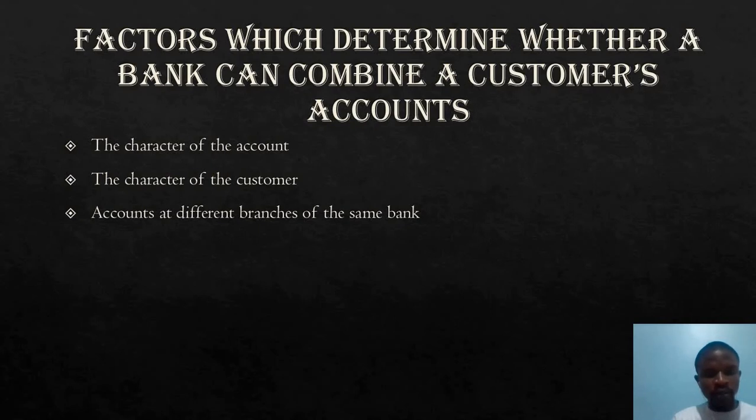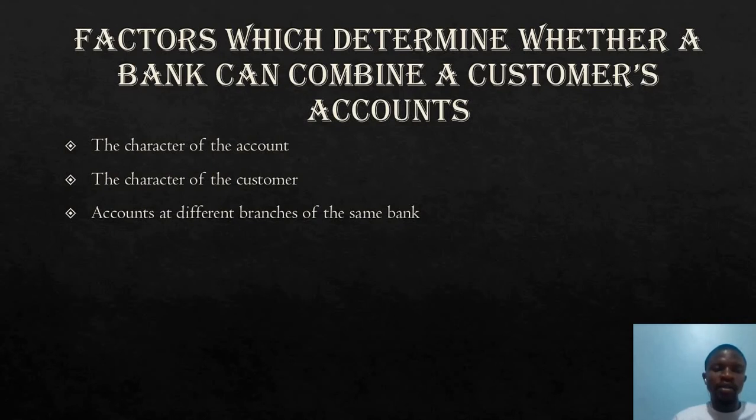Now, another factor that courts look into when deciding whether a combination of accounts is legal or not is whether the account is held in different branches of the bank. In the olden days, as I said, due to the analog ways of doing things, branches of banks played a pivotal role in deciding how a person would be able to access the services of a bank.